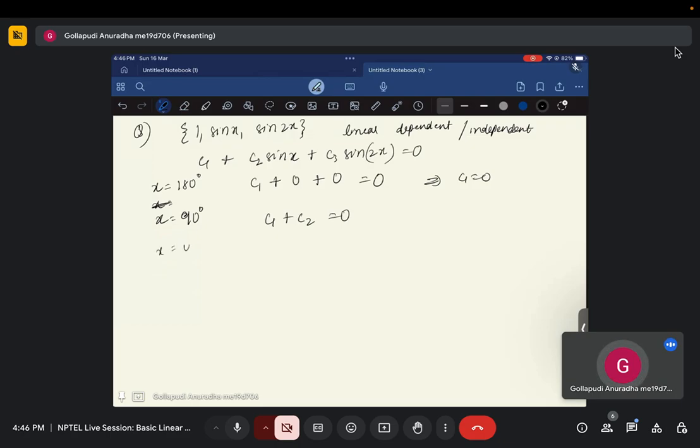And if I take 45 degrees, for example, then I'll get another equation. So now c1 is 0 here. Now c1 plus c2 is 0, which means c2 is also 0 because c1 is 0. Now c1 and c2 both are 0, then c3 also has to be 0, right, from this equation. So c1, c2, c3 all are 0, which means they're independent. Fine.